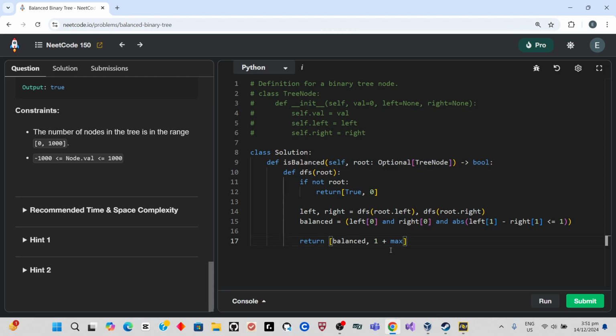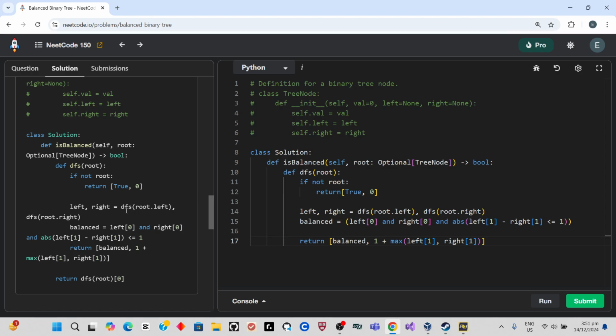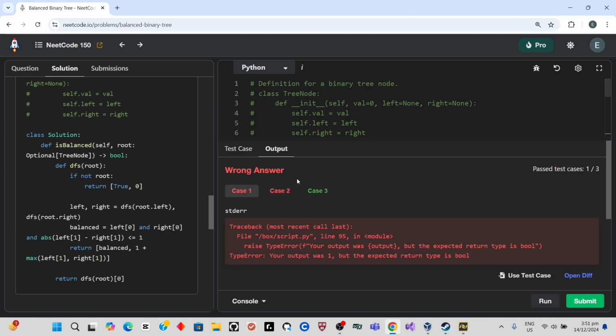Root of DFS, root next zero. Run. And there's something wrong.